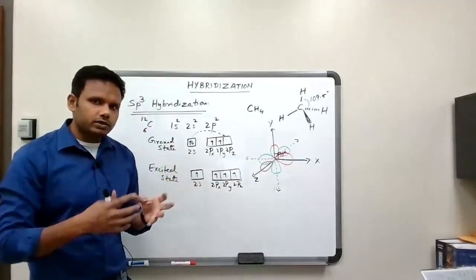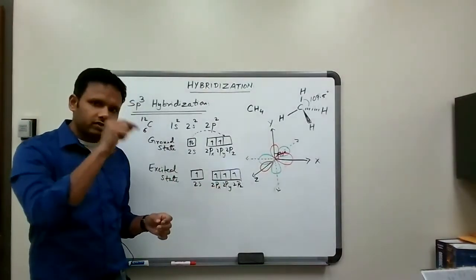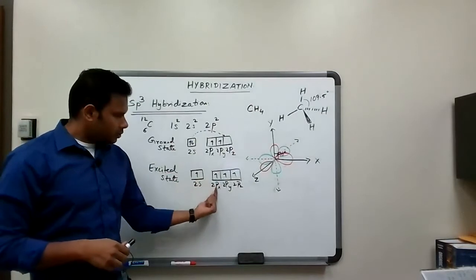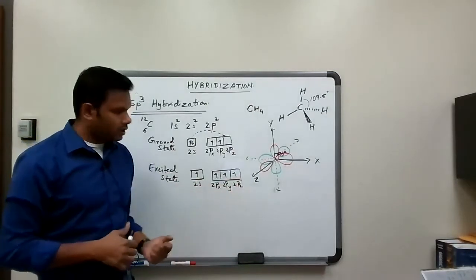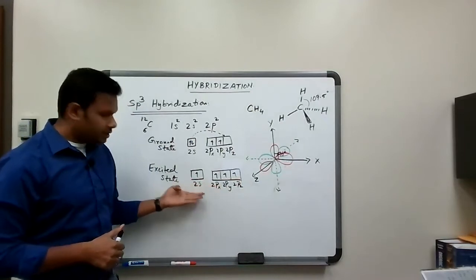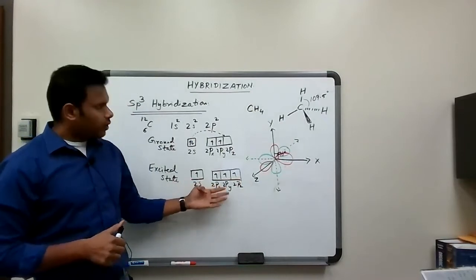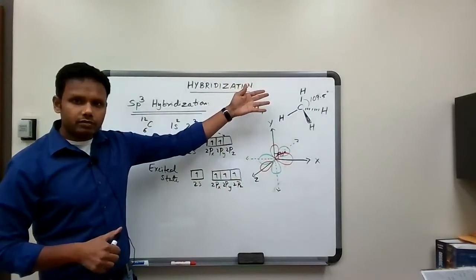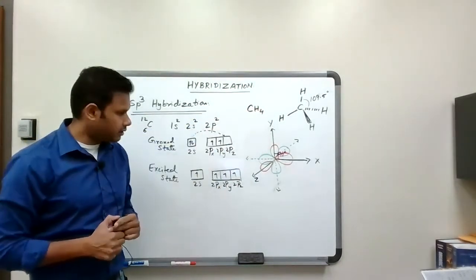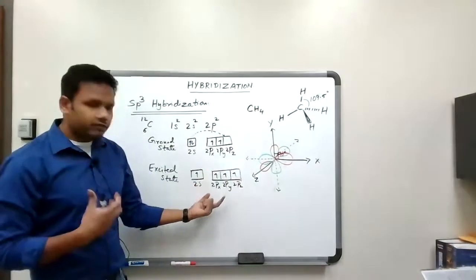Remember, when we draw Lewis structures of carbon, we draw carbon with 4 dots around it to show the valence electrons. So these could represent those 4 unpaired electrons. Let's say carbon uses this excited state to form bonds with 4 hydrogen atoms, sharing electrons to give us the structure of methane. It would still have the same issue.